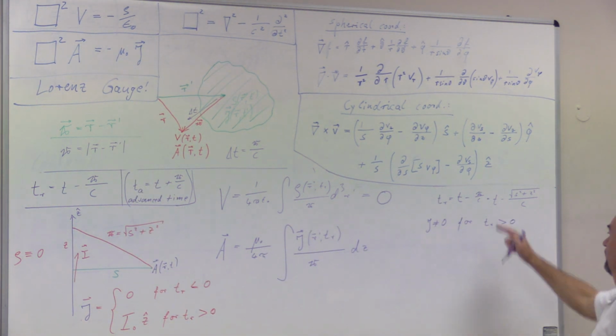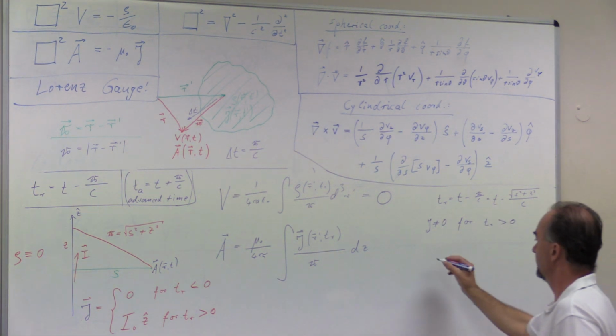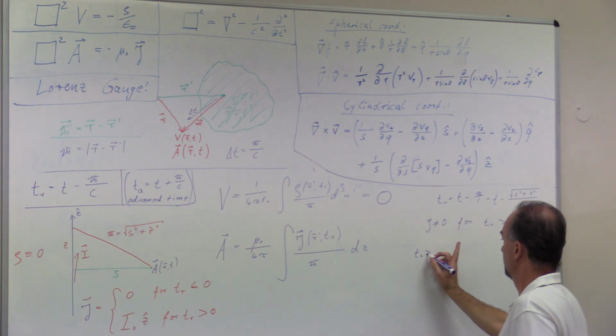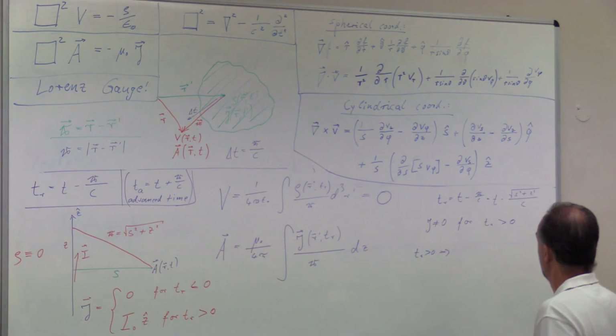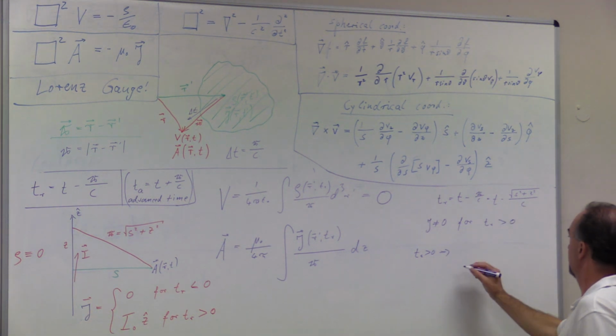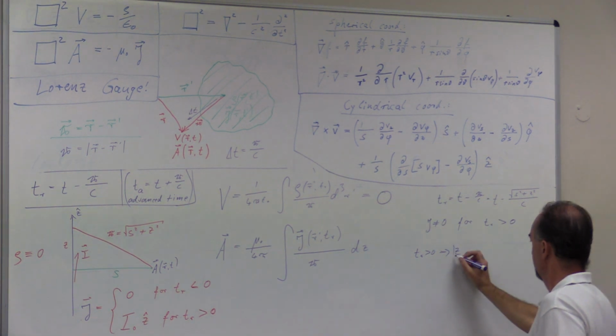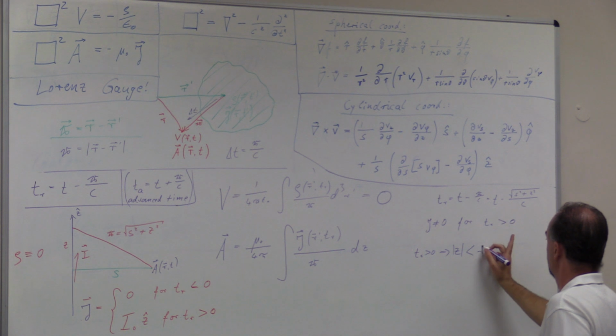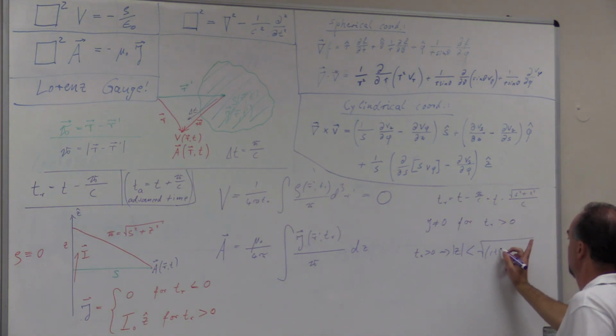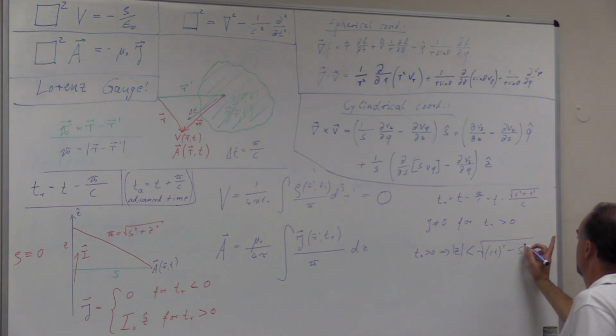Okay, so we solve for this t_r greater than 0. Solve this here, that means that z must be less than the square root of ct squared minus s squared. Right?